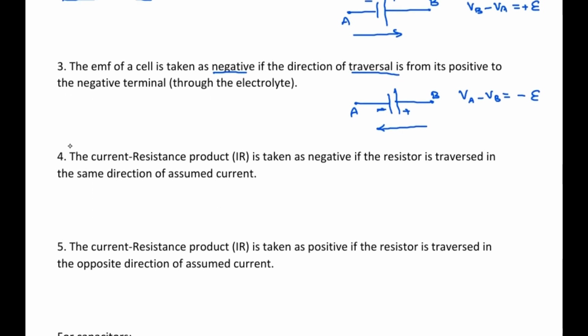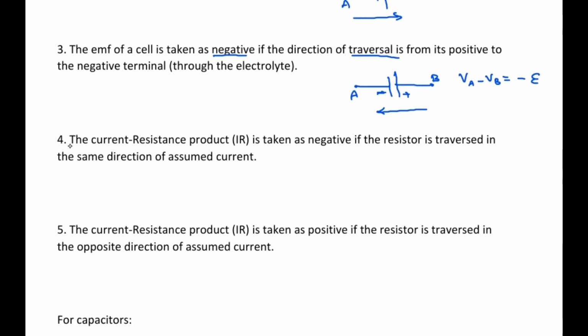And fourth one, the current resistance product, that is IR, is taken as negative if the resistor is traversed in the same direction as the assumed current. Assume that this is a resistor through which current I is passing, its resistance is R, current is moving from A to B, and we are traveling from A to B. So, the resistor is traversed in the same direction as the current.